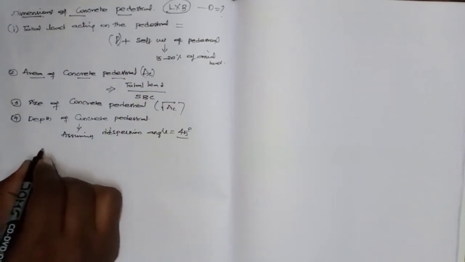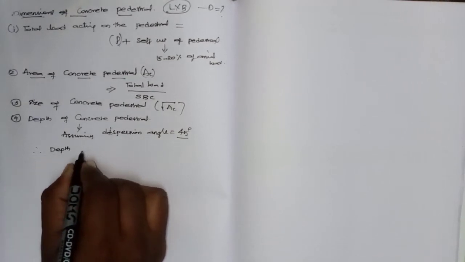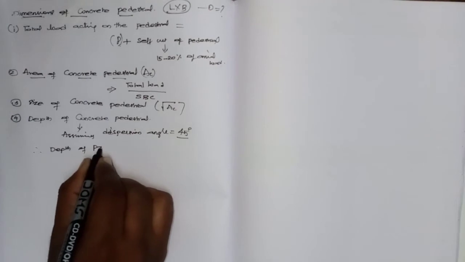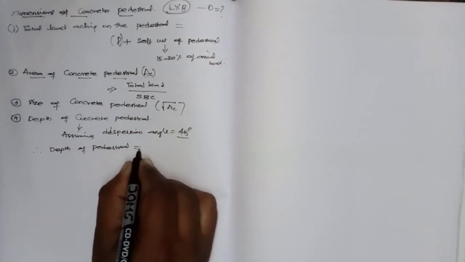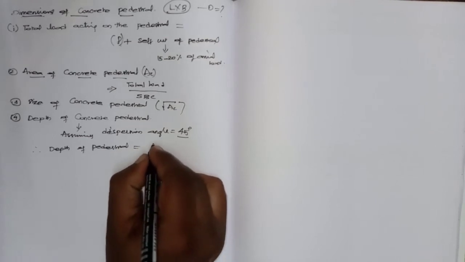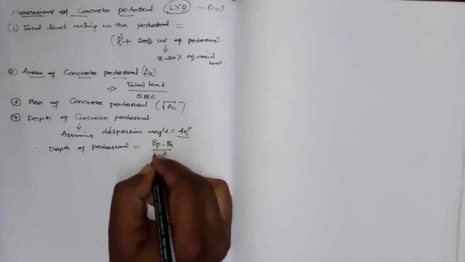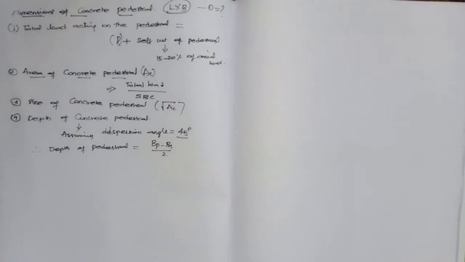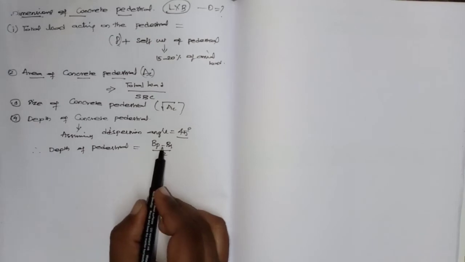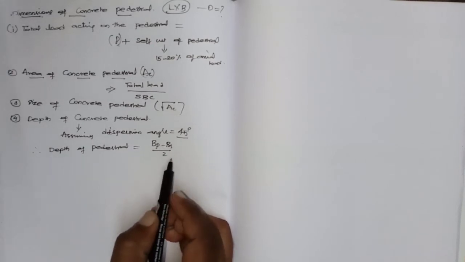Therefore, depth of pedestal equals to BP minus BS by 2. What is this BP minus BS by 2? Width of pedestal minus width of slab base by 2.